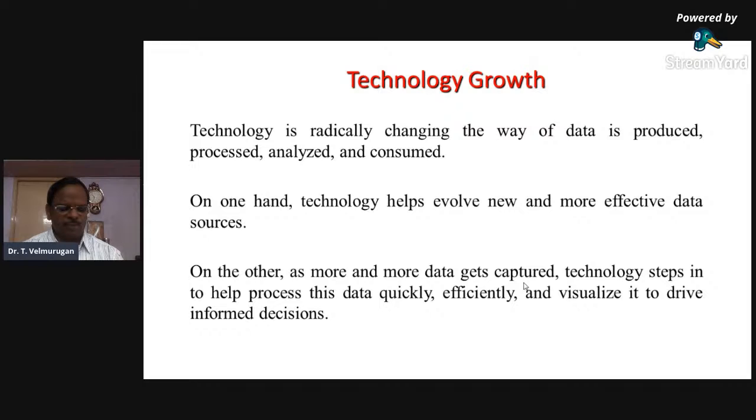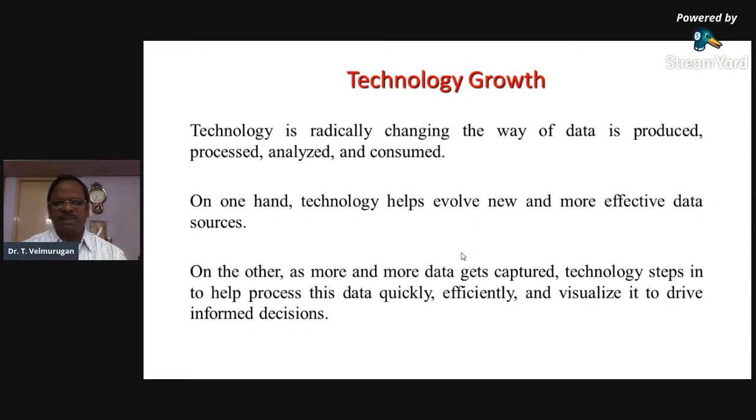In big data, how can we process the data by means of some special kind of technology based processing method, which is called big data analytics, in which Hadoop is the number one platform used exactly for the processing of big data. Therefore, technology helps evolve new and more effective data sources. All these data sources are effectively utilized by various users, different kinds of users.